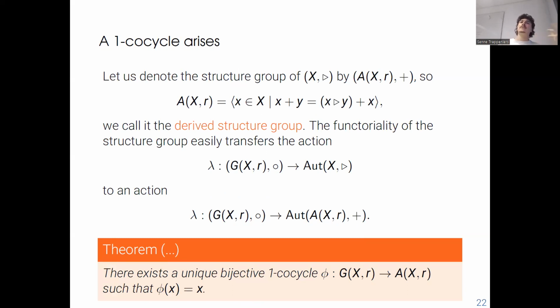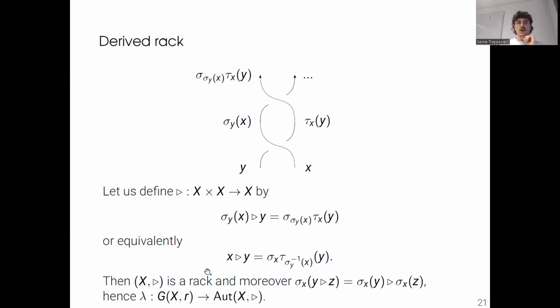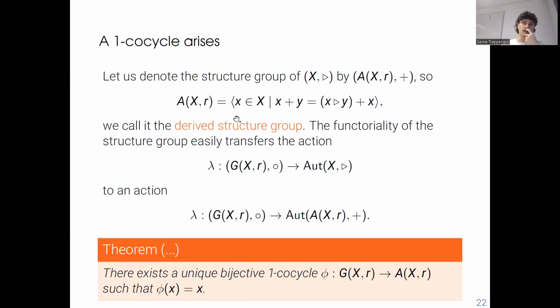And we call this the derived structure group of our solution (X,R). So recall this is just the definition that we had before, except now we're not using juxtaposition, we're just using the plus here. And recall we had this action of G_{X,R} on this rack, but because our construction here is functorial, we quite easily find that we also have an action on the derived structure group.